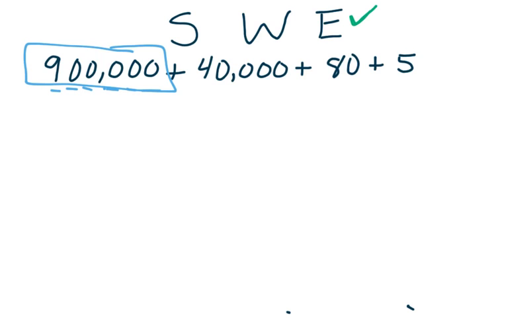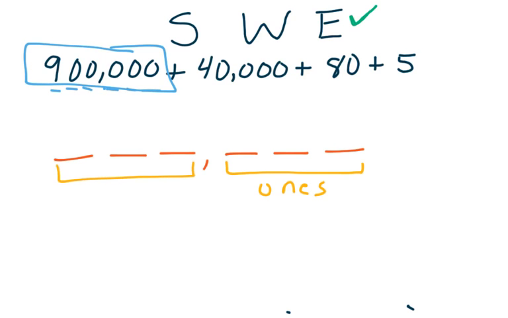So I'm going to take my marker, you're going to take your pencil, and I'm going to write down 6 lines. I have 6 place values in my standard form. Again, here is my ones period, and here is my thousands period.